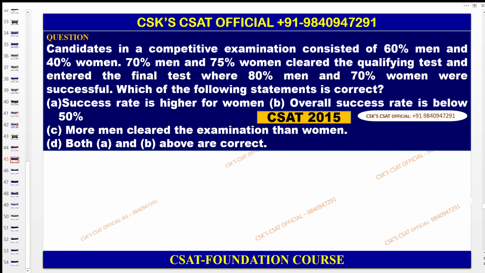Candidates in a competitive examination consisted of 60% of men and 40% of the women. 70% of the men and 75% of the women cleared the qualifying test and entered the final test, where 80% of the men and 70% of the women were successful.